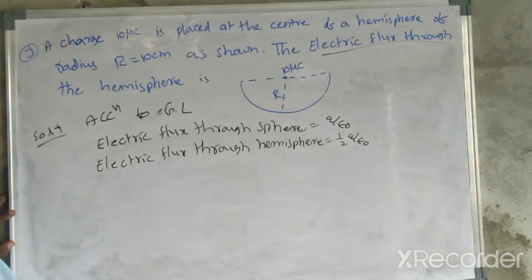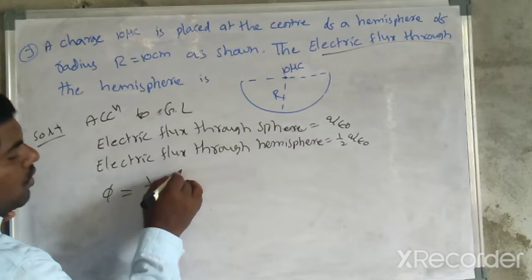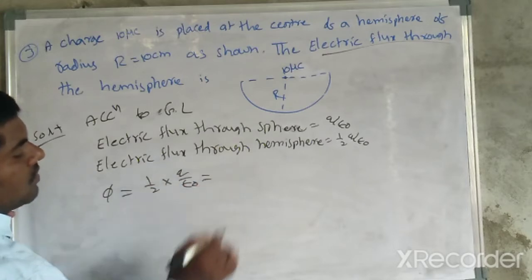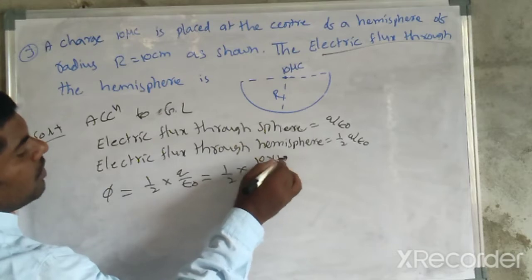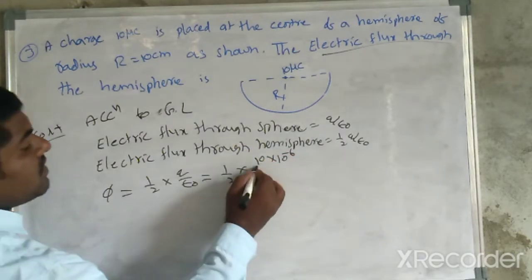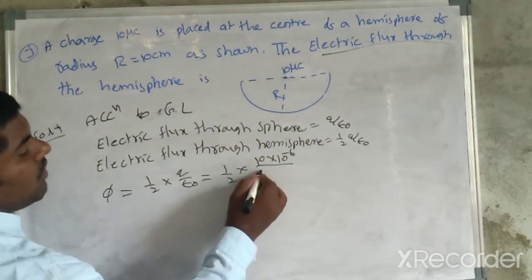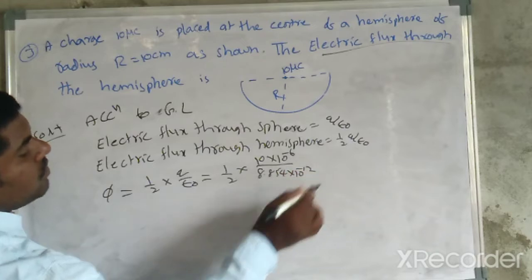So they are asking about the hemisphere. So hemisphere flux is equal to 1 by 2 Q upon epsilon naught. That is equal to 1 by 2, Q value 10 microcoulomb, nothing but 10 into 10 to the power minus 6, divided by epsilon naught, constant 8.84 into 10 to the power minus 12.